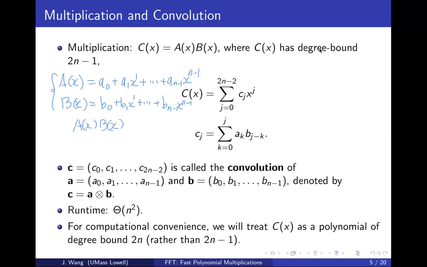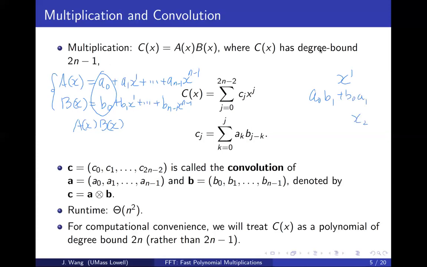So now we look at the terms. For instance, the constant can only be a0 times b0. For the single term x, you can get it from a0 b1 or from b0 a1.